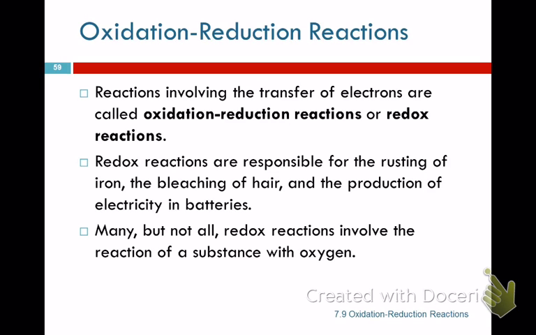And what the zinc will do is it'll replace the copper in the compound. So you end up getting Cu, solid, plus Zn(NO3)2, like that.